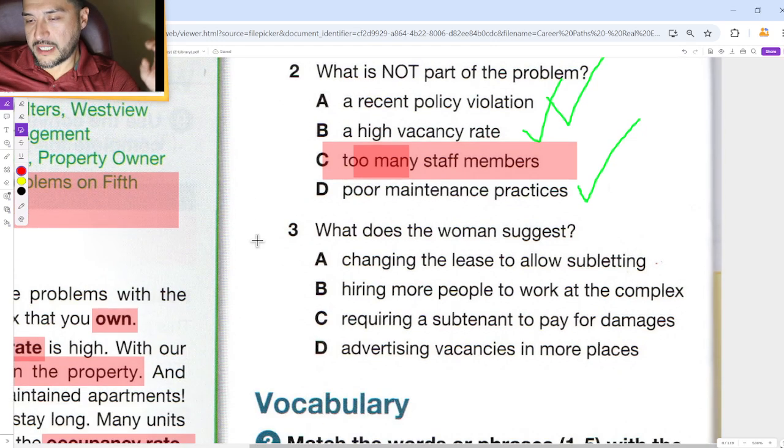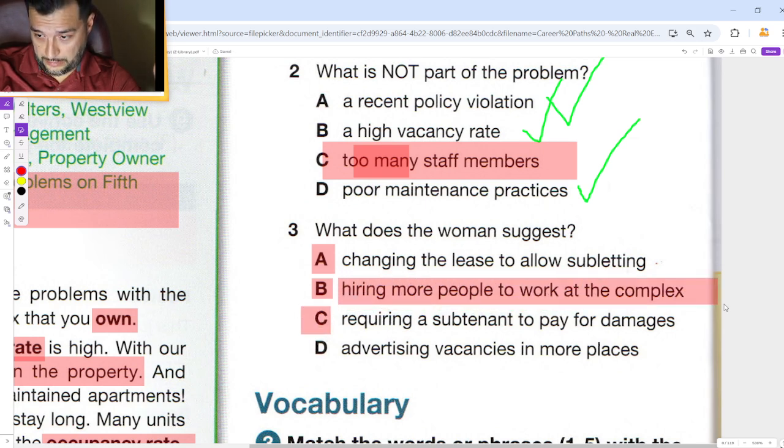What does the woman suggest? Changing the lease to allow subletting? No, that's the violation. Hiring more people to work at the complex? Yes. Requiring a subtenant to pay for damages?